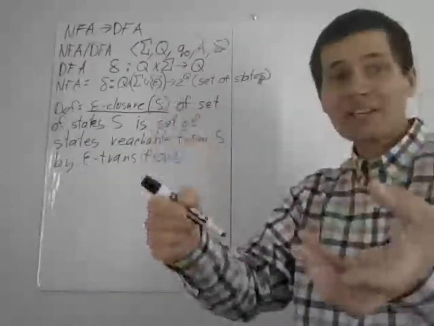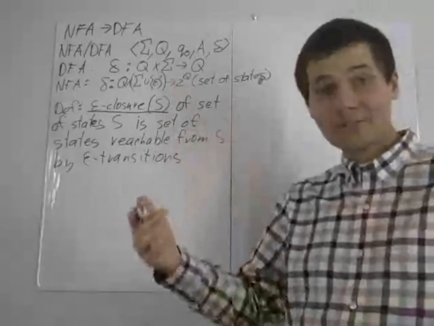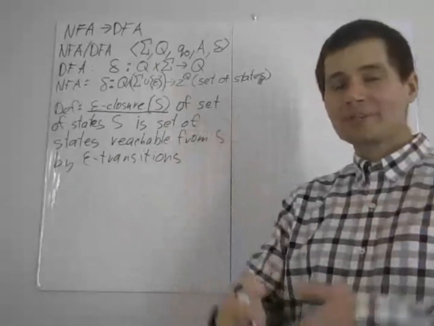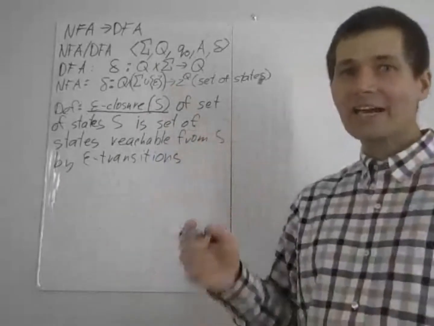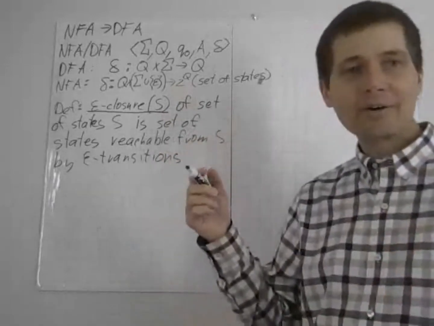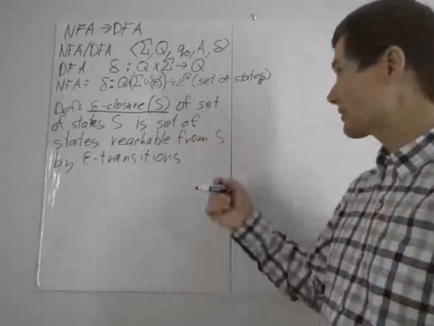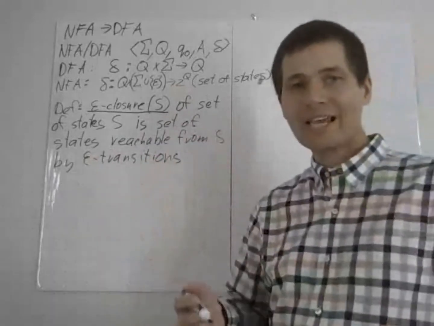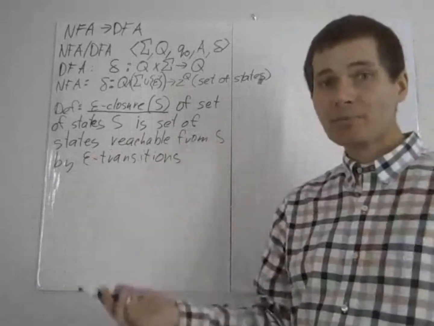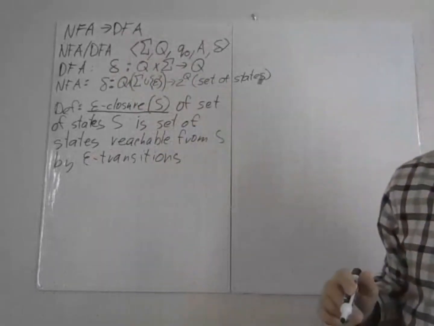In fact, every DFA is also an instance of an NFA, a special case of an NFA, but there are so many more NFAs, and NFAs have this magical oracle power, right? That they sort of automatically predict the right transition to take. So it's maybe surprising that an NFA can be converted to a DFA.